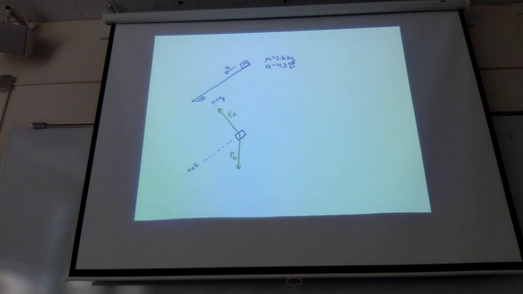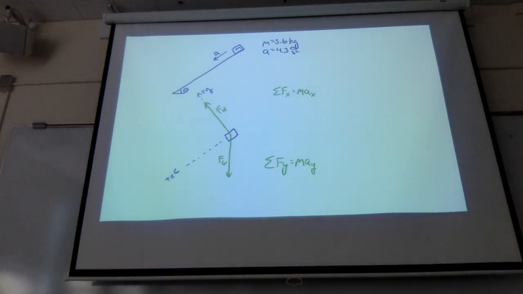Okay? So once we have the forces, we can write out the sum of the forces in the x direction and the sum of the forces in the y direction. What was the question asking? It's asking us to find theta and the normal force.